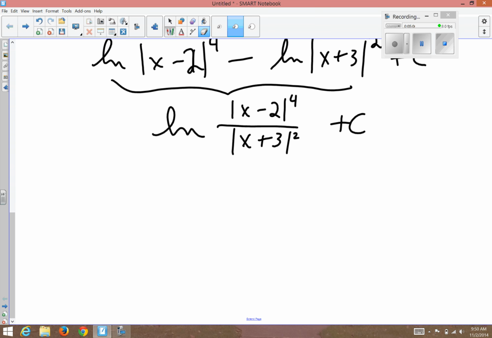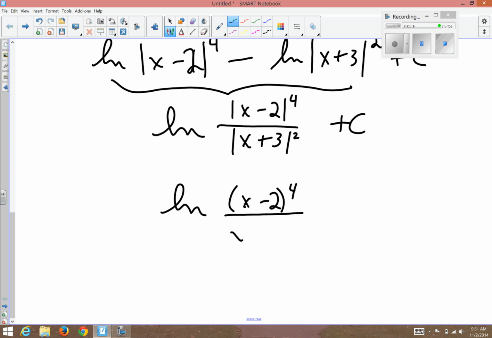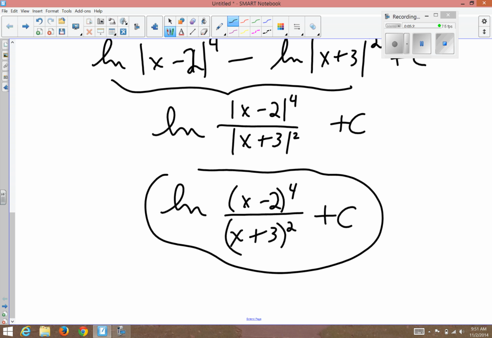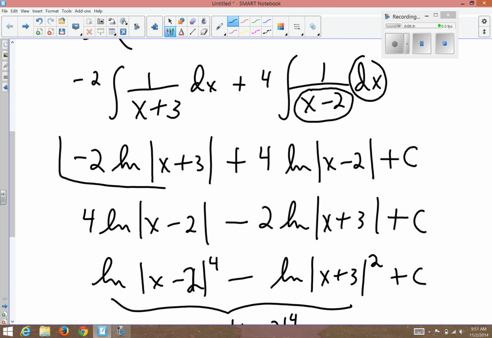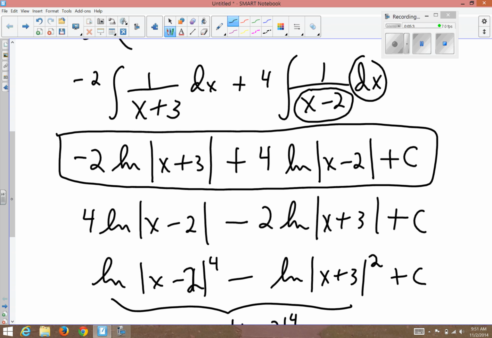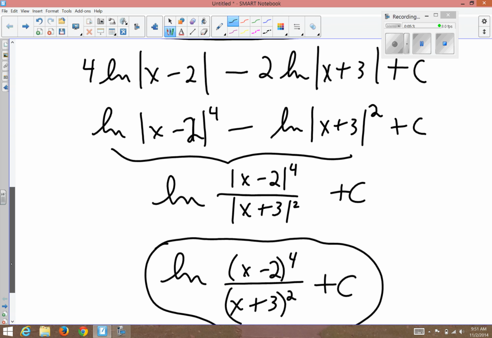So I check the answer key for this, and it says the natural log of (x minus 2) to the fourth over (x plus 3) squared plus c. But we actually had the correct answer here. There's nothing wrong with this answer. We just rewrote it a few times.